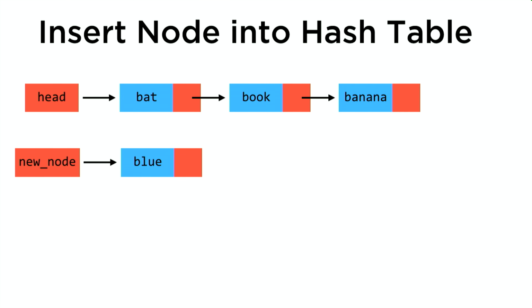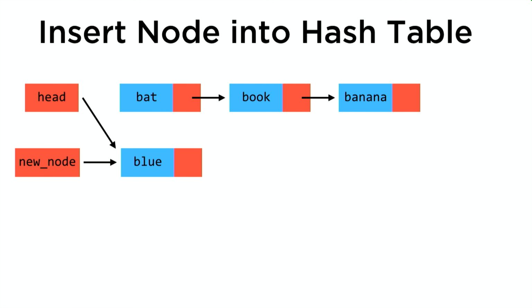Here up at the top, imagine that head is a variable that points to the start of a linked list. The linked list is bat, and next is book, and next is banana, and banana here points to null, for example. And let's imagine that I have this new node, which is this blue node that I've just malloced, and I want to add it to this linked list. So if I wanted to make this new node the new head of the linked list, one thing you might imagine that I would do is point head to point at this new node that I've just created.